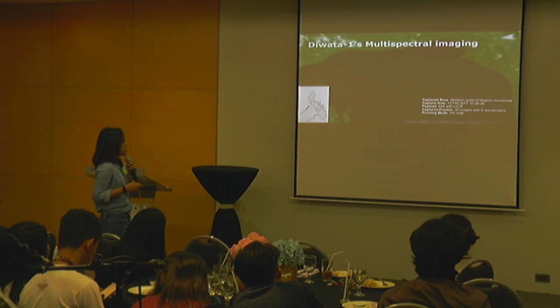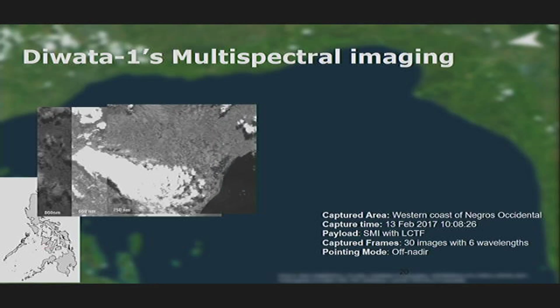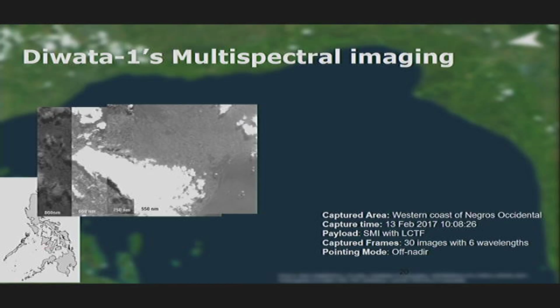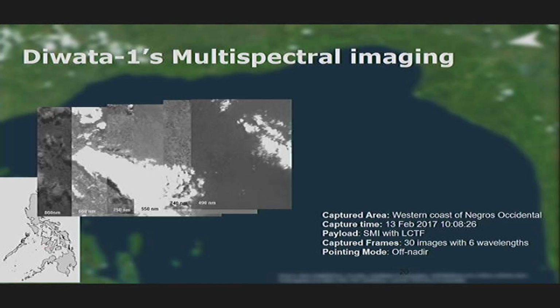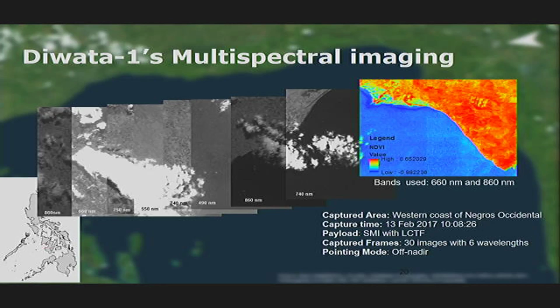Okay, so here is a sample of images taken by SMI at different wavelengths. And then this is the calculated NDVI using 660 nanometers and 860 nanometers. These images are from the western coast of Negros Occidental.